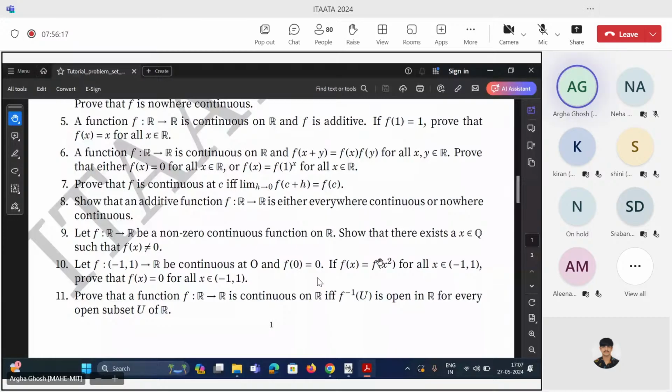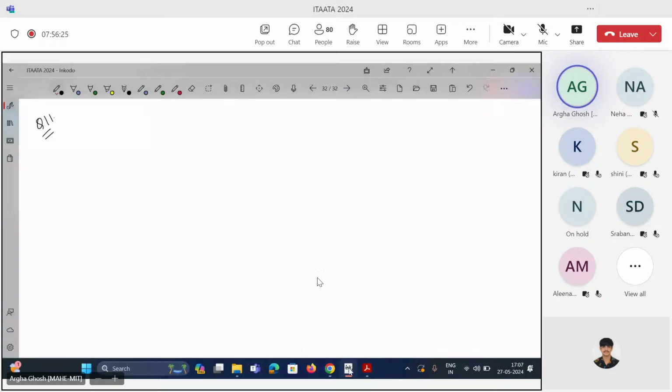So let's assume that f inverse U is open in R whenever U is open in R.